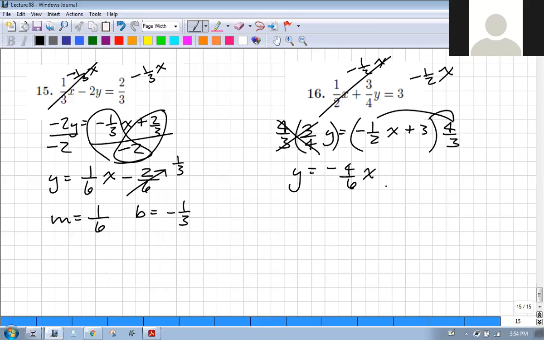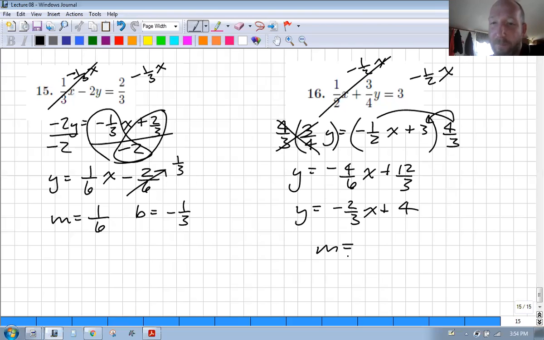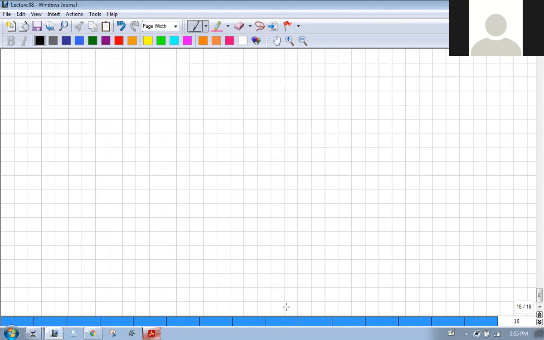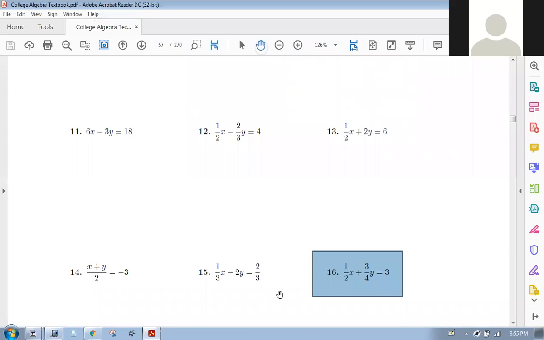And then plus 12/3. 12 divided by 3 is 4. So what is our m? Negative 4/6, or negative 2/3, same thing, right? And what's our b? 4. B4. You sunk my battleship.